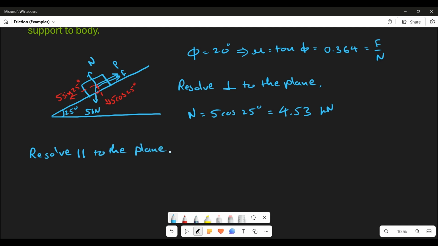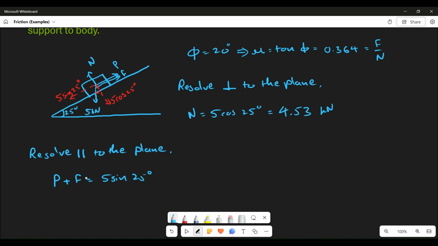So what are the forces we see parallel to the plane? First is this 5 sine 25 degree, and other two are P and F. These are going in upward direction, this is downward direction. So again, applying equilibrium condition here, we get P plus F is equal to 5 sine 25 degree.